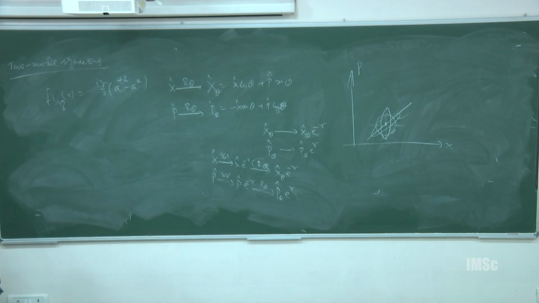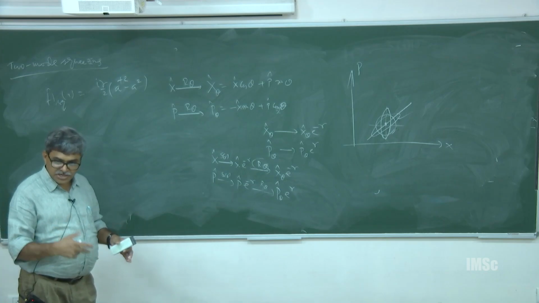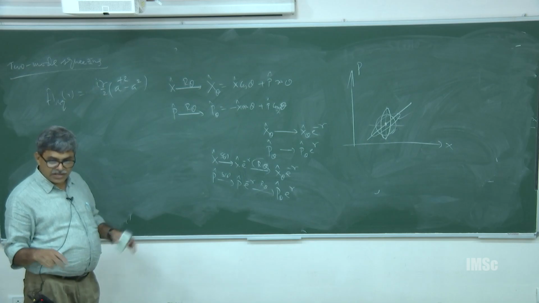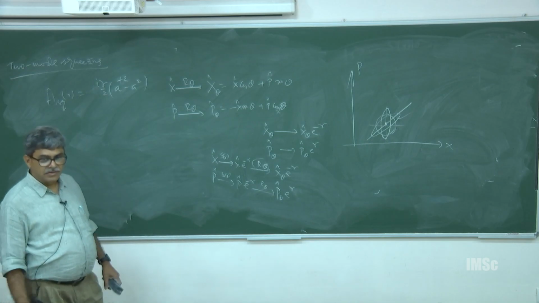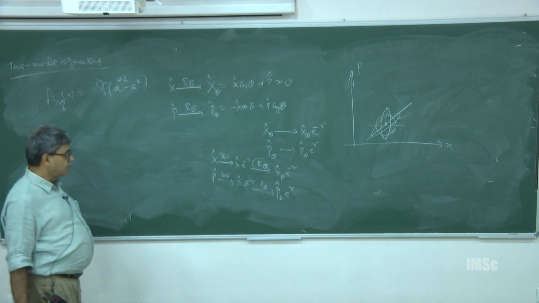It would be more like x e to the minus r cos theta plus p e to the r in the other place, right? You can do either first squeezing then rotation, or first rotation then squeezing. They are not equivalent, so those will be different answers.